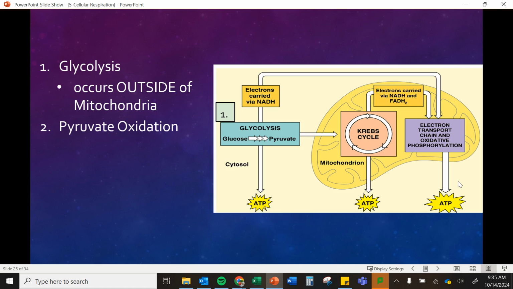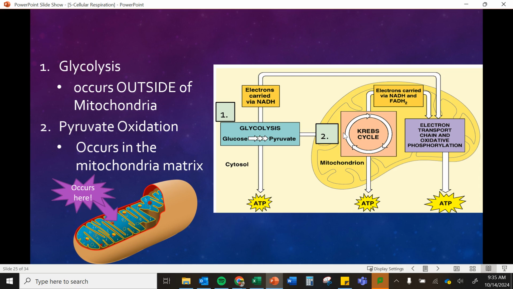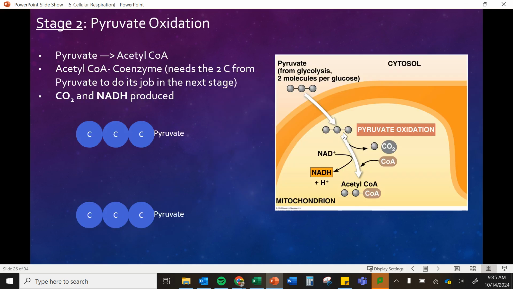Our second step is pyruvate oxidation. Those pyruvate molecules from glycolysis are going to go inside the mitochondria all the way into the mitochondrial matrix. Just remember that's all the way past both of the membranes. Okay, and that occurs inside. So what's going to happen is those pyruvates are going to turn into a molecule called acetyl-CoA. Basically we're just attaching a molecule onto the end, and when that happens, we lose one of our carbons in the form of carbon dioxide. Okay, so it's a coenzyme, acetyl-CoA.